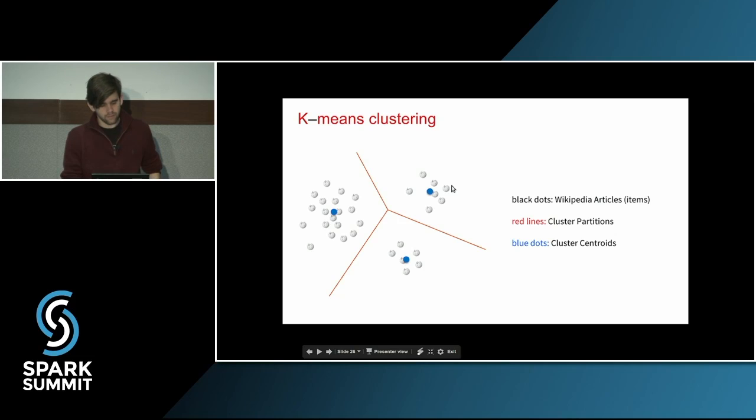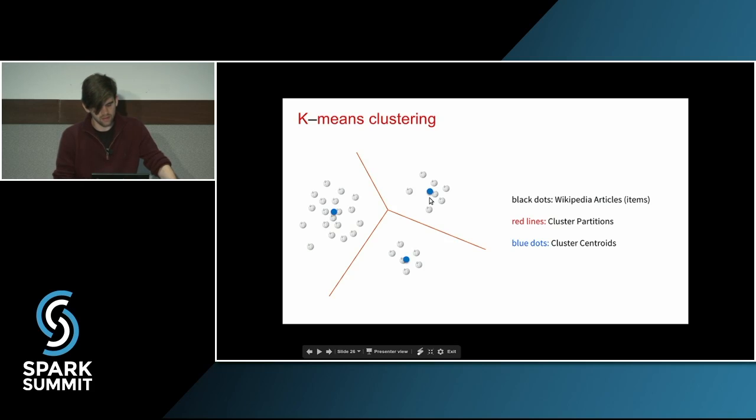Cool. So the way k-means works, and I actually have a YouTube video I want to show, I think this is a really helpful thing. In this visualization, the blue dots are those cluster centers, and the whitish dots are Wikipedia articles.